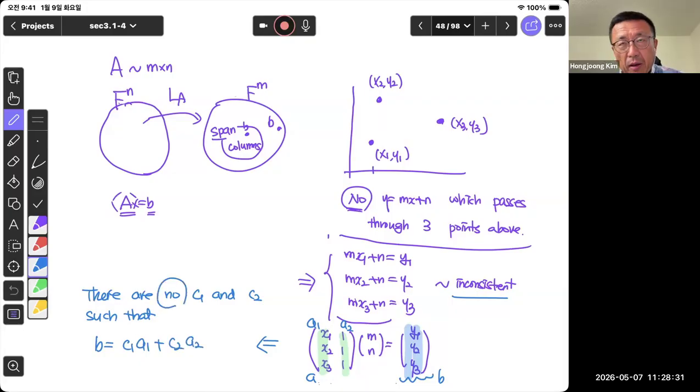So there is no such pair of coefficients satisfying this equation.